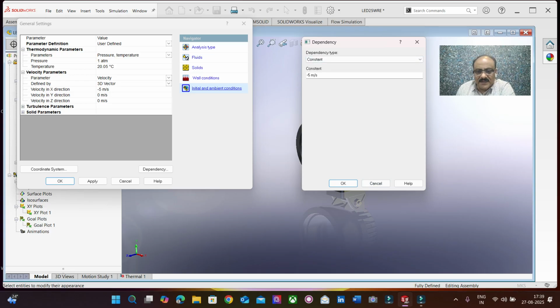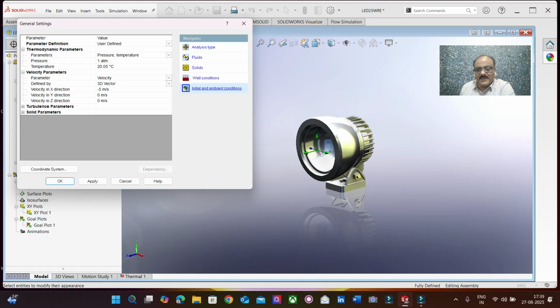Now we define what the temperature is going to be and how it is going to vary with respect to time. We have defined that for this particular computational domain of 1 meter by 1 meter by 1 meter for 10 seconds. So at time t equal to 0, what is going to be the temperature? At time t equal to 1 second, what is going to be the change in temperature?